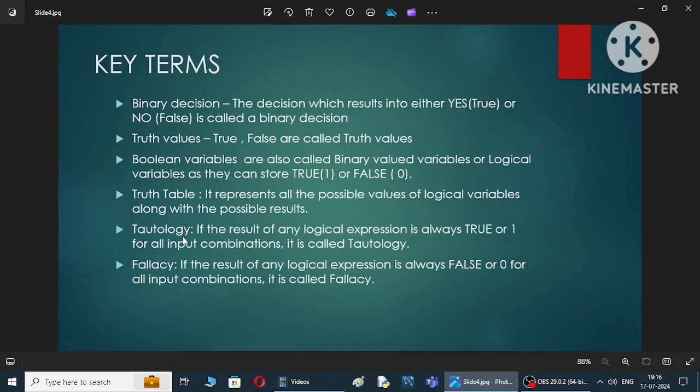You already know binary answers are only either 1 or 0. Sometimes you will get 1, sometimes you will get 0. But when the answers in a tabular column, that is a truth table, are always 1, then that expression is called a tautology. In the same way, if all the inputs result in answer 0, that expression is called a fallacy. Okay.